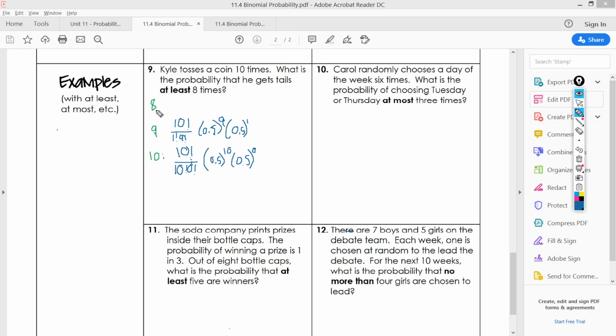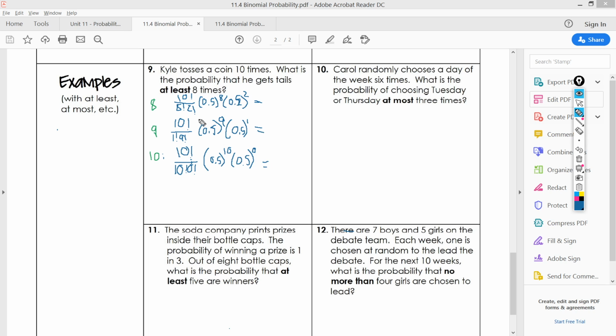And what if there's 8 successes? Then it's 0.5 raised to the 8th power and 0.5 raised to the 2nd power, and then I do 10 factorial divided by 8 factorial and 10 minus 8 factorial, or 2 factorial. I gotta calculate all of these.